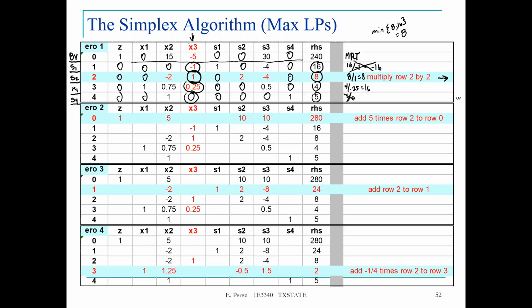Now I'm going to write my basic variables again. So s2 is leaving. So this is s1. Now x3 is going to be in this position. x1 is going to be in this position. And s4 is going to stay in the same position.